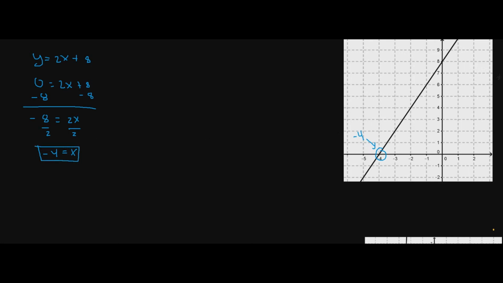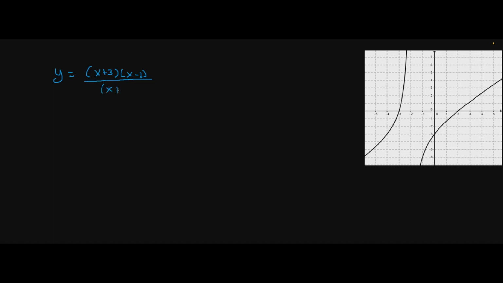All right. So what if we have something a little more complicated? Let's say we go to something that looks a little bit like that. The equation for this is going to be y equals x plus 3 times x minus 2, all divided by x plus 2.